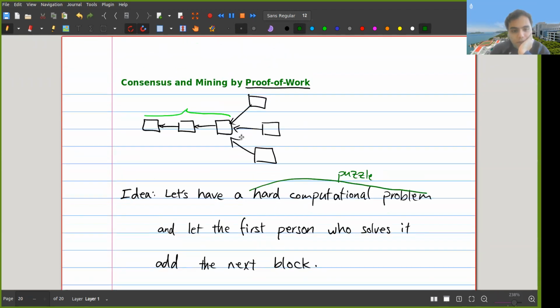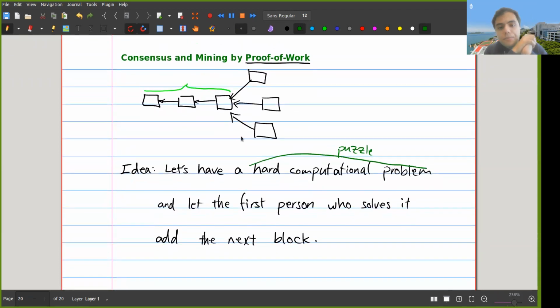Okay. Now, what is the problem that we have here? Well, again, maybe it happens that 2 different people can solve the puzzle at the same time.